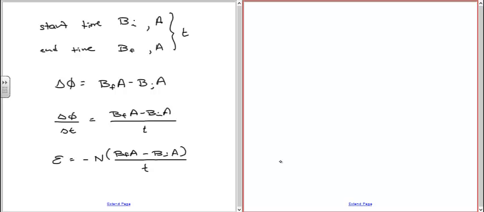Now, in the same chapter, chapter 20, we introduced self-inductance. What we said was that if you have an inductor, which is just a coil, and we've been using a solenoid in our class, this has some inductance L. It turns out the voltage across an inductor is equal to the inductance times the derivative of the current with respect to time.